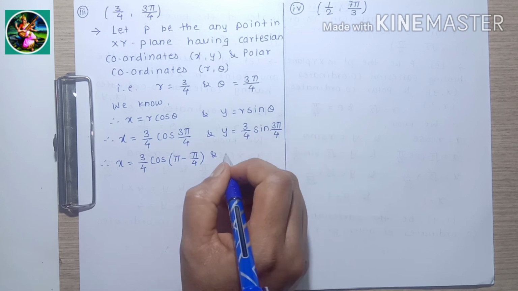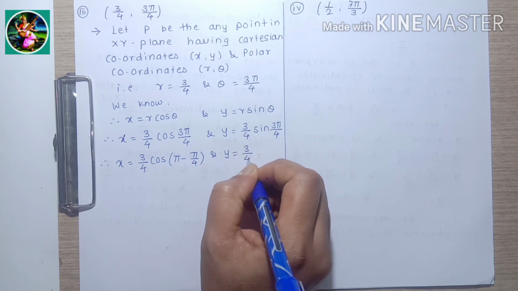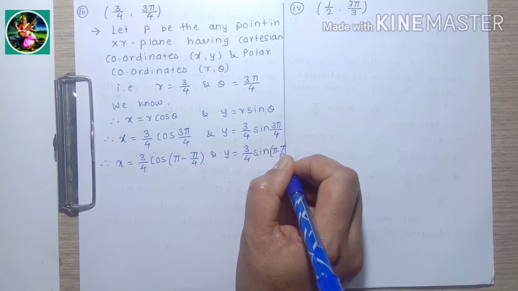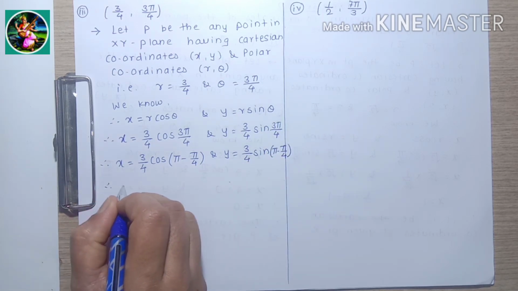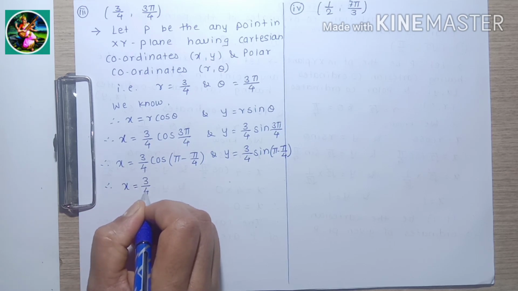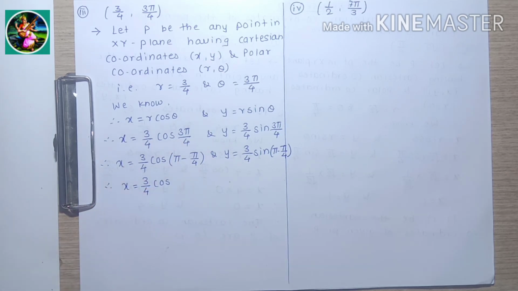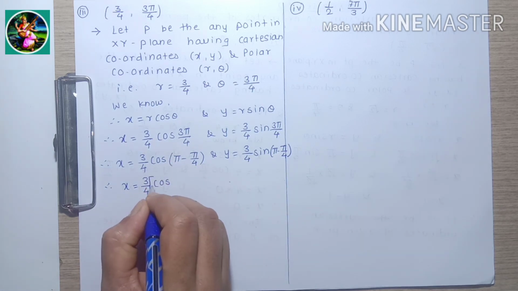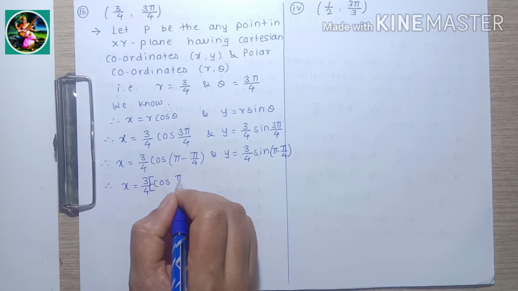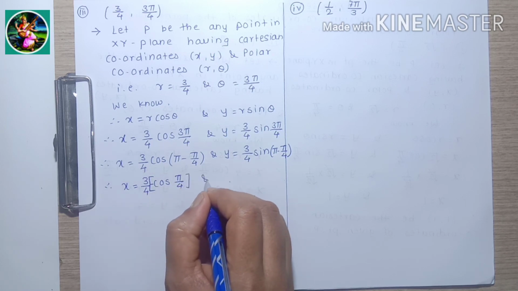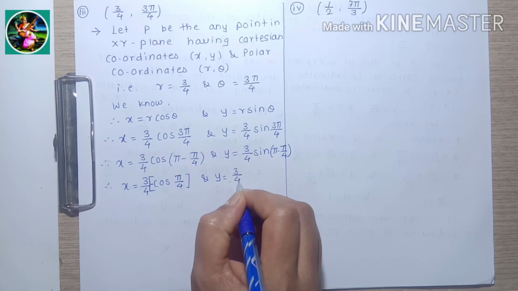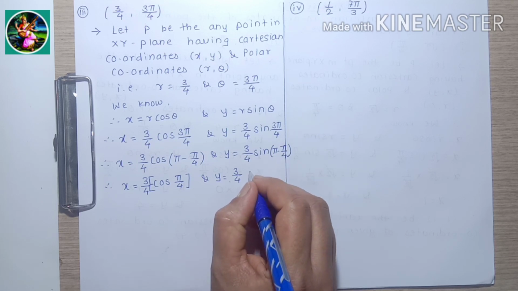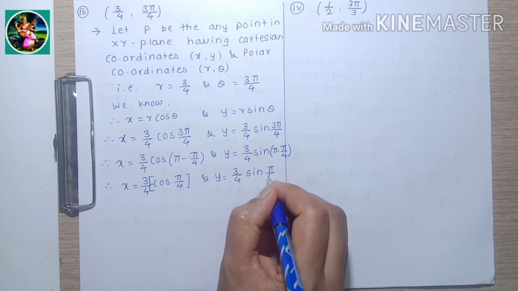We know that cos of pi minus theta is minus cos theta, therefore here we write minus cos of pi by 4. And we know that sin of pi minus theta is sin theta, therefore here we write sin of pi by 4.